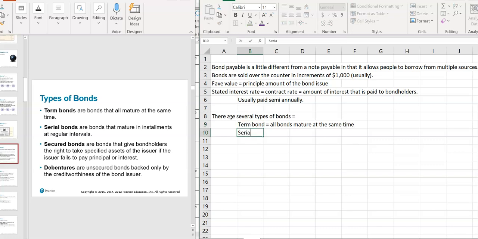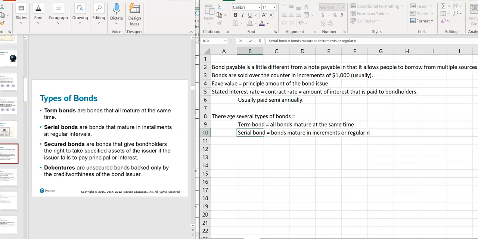A serial bond means that they mature in increments. So if I have a $1 million bond issue, I might say $500,000 matures 1 year and $500,000 matures the next year. Okay, but it matures in increments or at regular intervals.